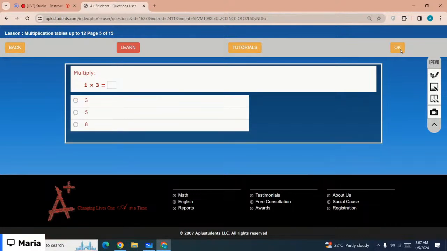The next one is multiply 1 times 3. Which is the correct option? 1 times 3 equals, yes, 1 times 3 equals 3.